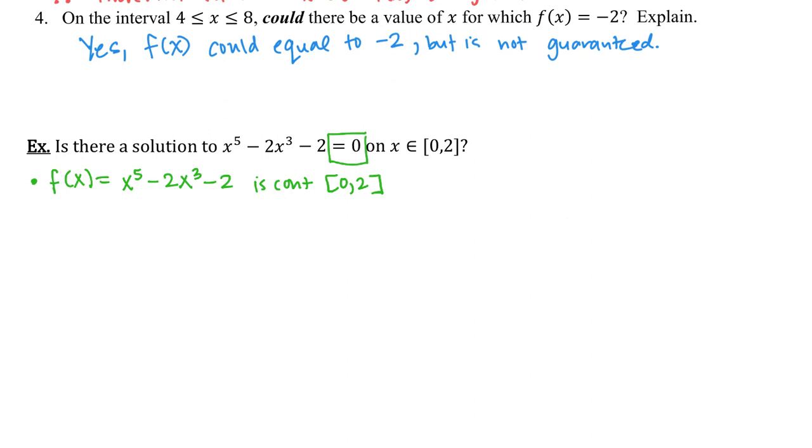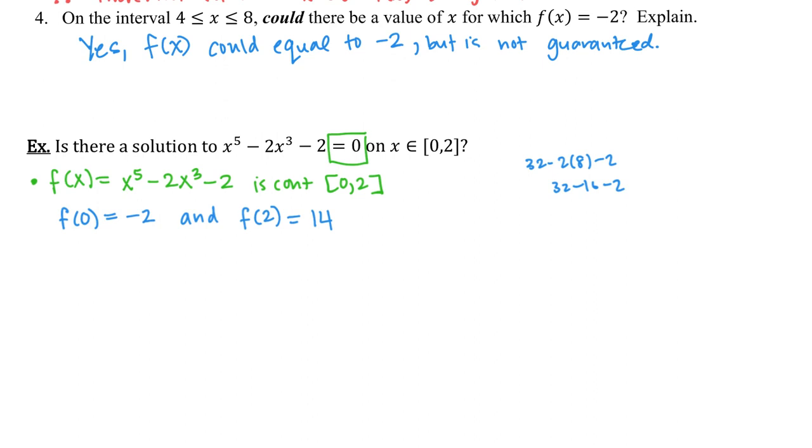Now let's check f of 0 and f of 2. At f of 0, 0 minus 0 minus 2 is negative 2. And f of 2 is 2 to the 5th, which is 32, minus 2 times 8, minus 2. That is 14. So f of 2 is 14. So could this equal 0 between 0 and 2? If I go from f of 0 to f of 2, I'm going from negative 2 to 14.